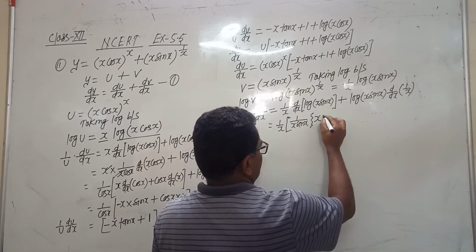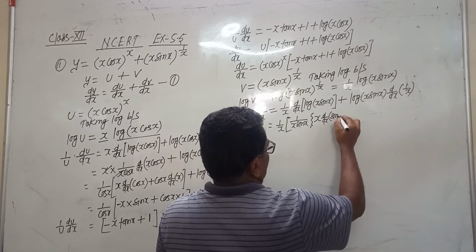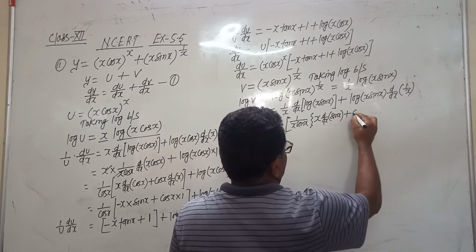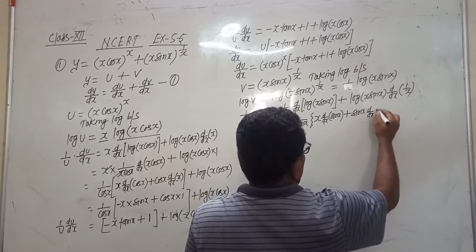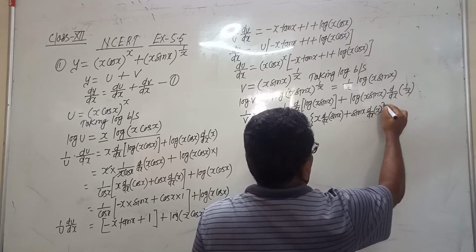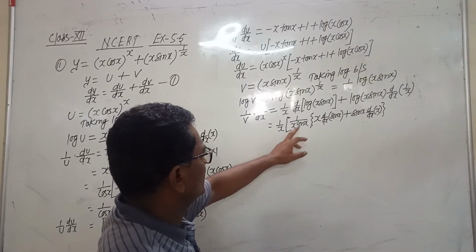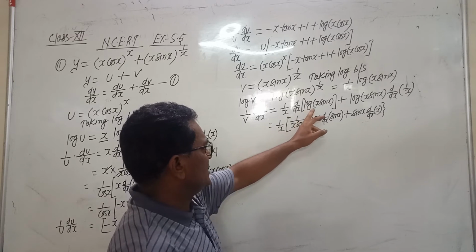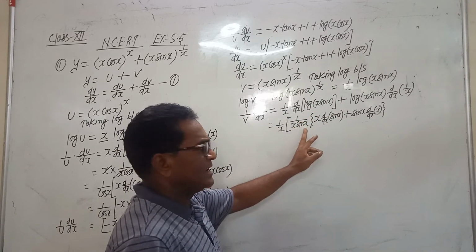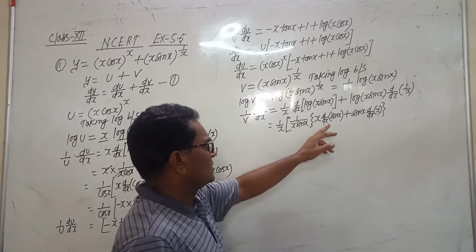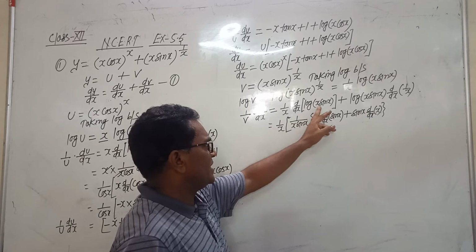So u as it is, and d by dx of v means sin x, plus v as it is, and d by dx of u means x.